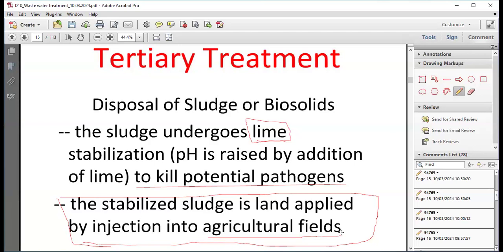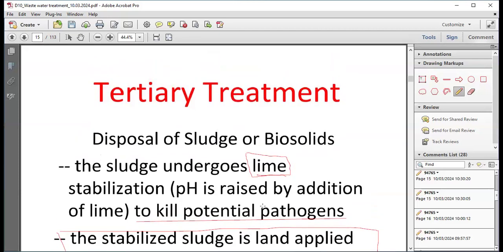NH3 is a gas. It is converted into solid particles. Urea is a solid particle, and soluble also. It can dissolve in water. Right? The tertiary treatment.